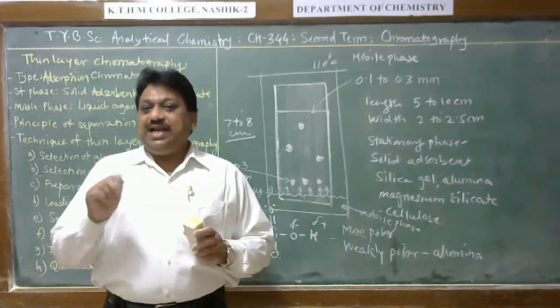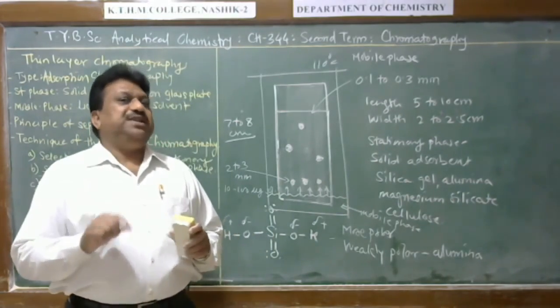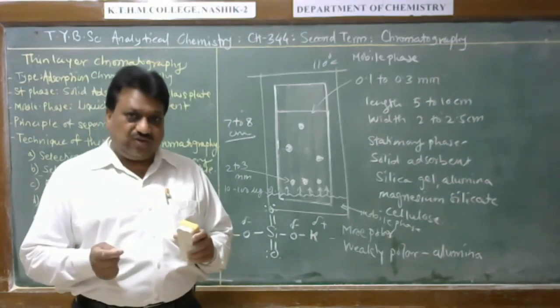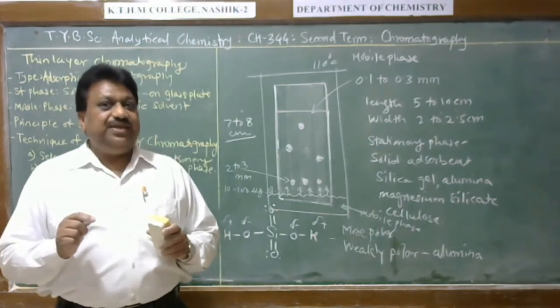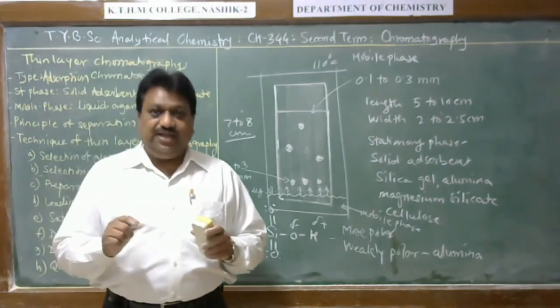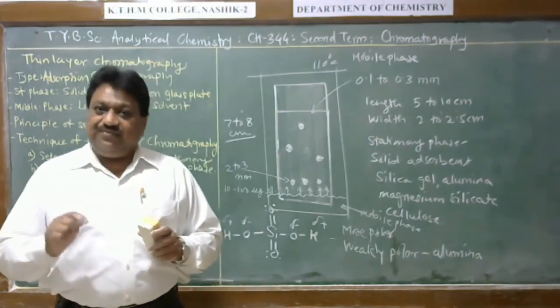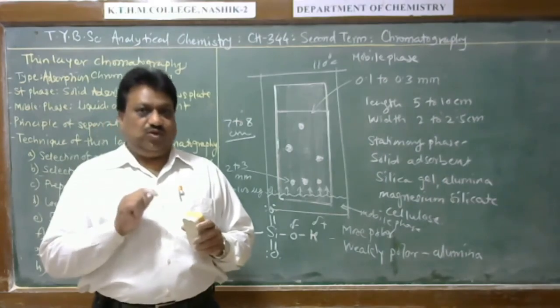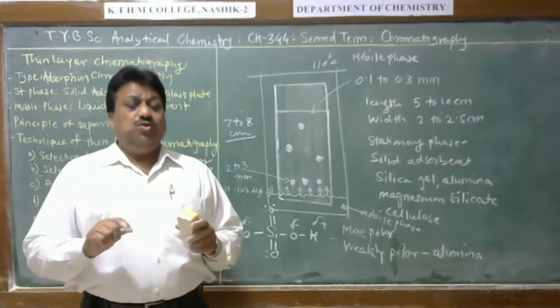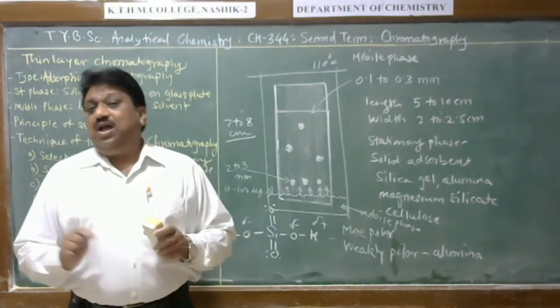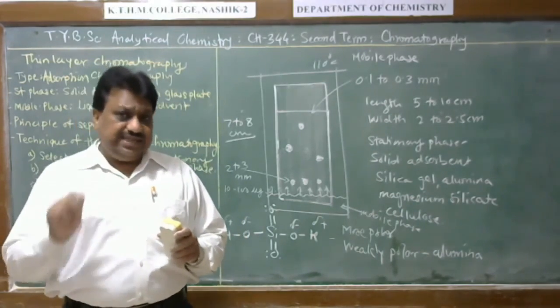Then what is the analytical principle or separation principle involved in thin layer chromatography? Number three, how is thin layer chromatography performed in a laboratory and what are its different applications? In addition, you must know what is RF value and what is its analytical significance.